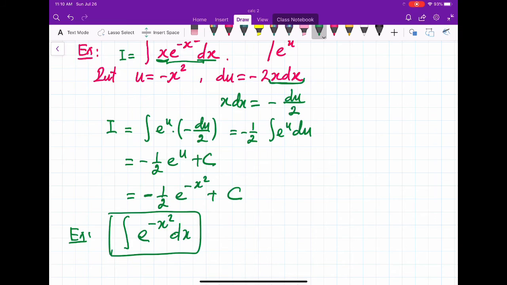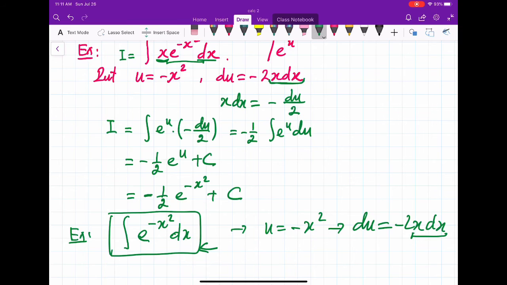Because in this case, if you put u equal to negative x squared and you differentiate that, you get negative 2x dx. You don't have x dx in the integral. So sometimes it's not that easy, right? But it depends on the situation. We will learn how to solve such an integral in the future.